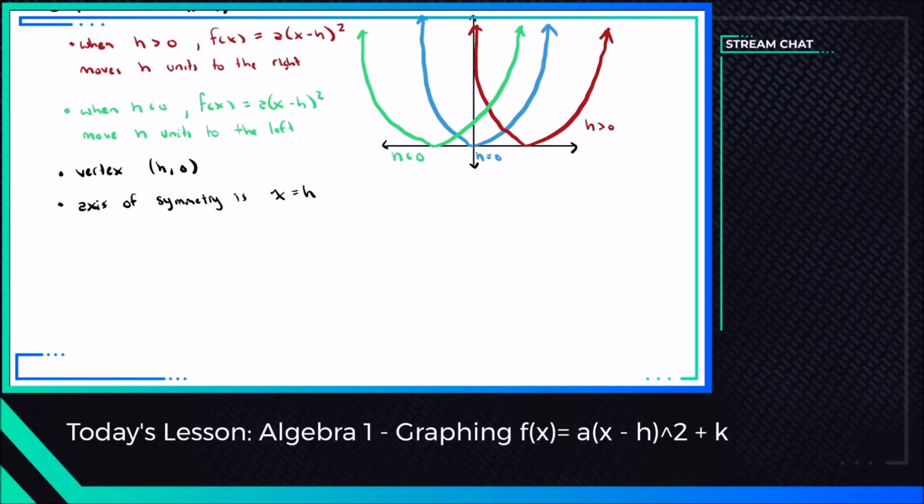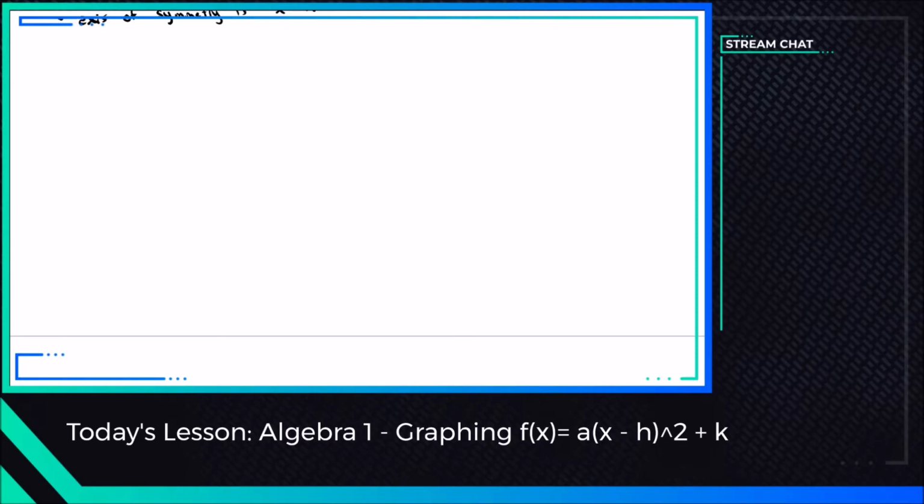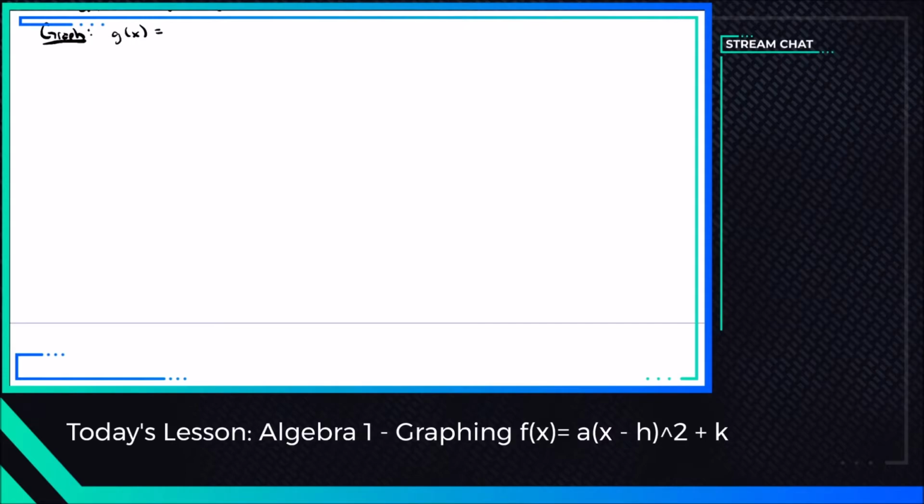So why don't we try graphing one of these things? Let's go ahead and graph now g of x is equal to 1/2 times (x minus 4) squared.